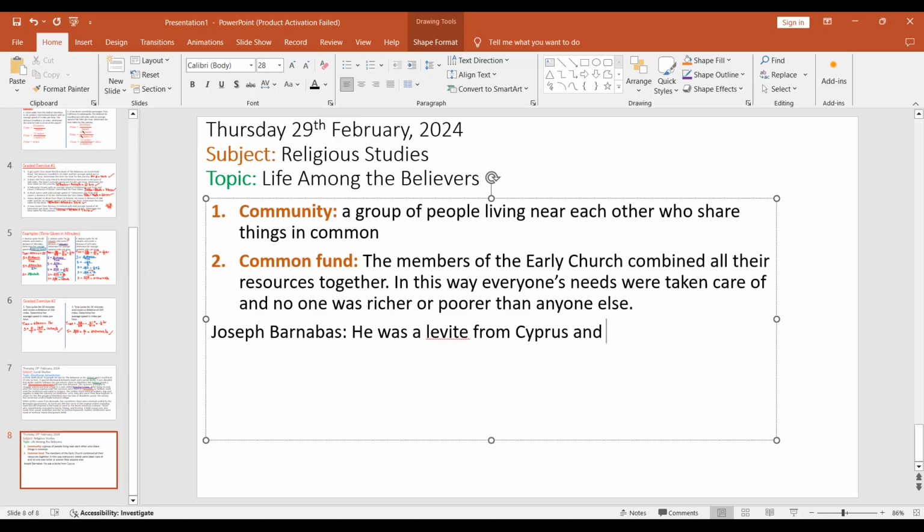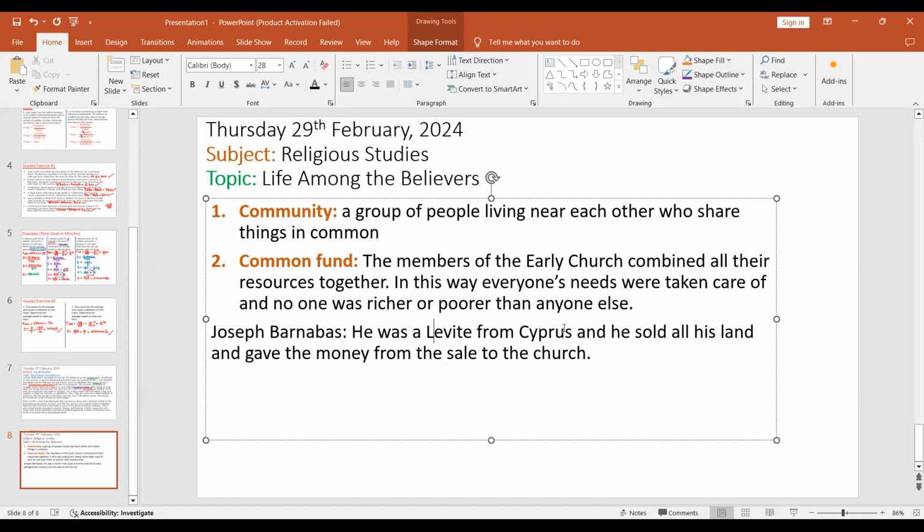And he sold all his land and gave the money from the sale to the church. He was the cousin of John Mark, the one who wrote the book of Mark, right?